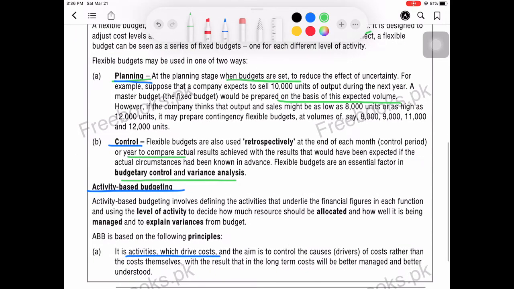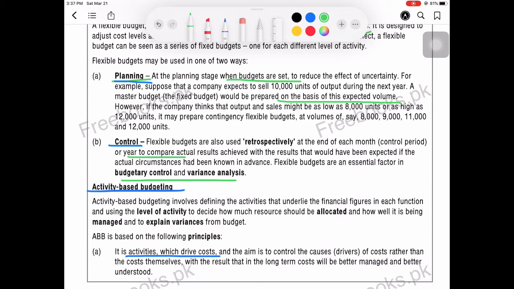Now for the control, let's say your demand has been 8,000 in real. What you have actually attained against the budgets will now be compared against the actual, right? The revised budget versus the actual results.